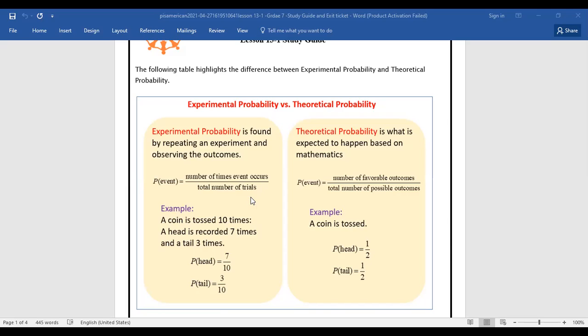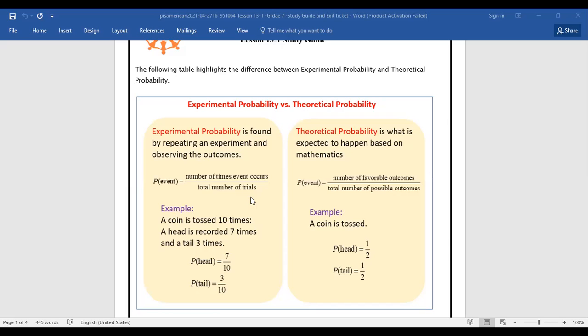So let's talk about this example. A coin is tossed 10 times. What is the total number of trials in this experiment? It will be 10 times, right? A head is recorded 7 times and a tail 3 times.